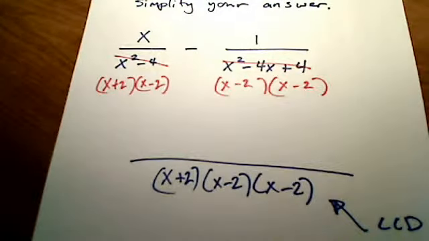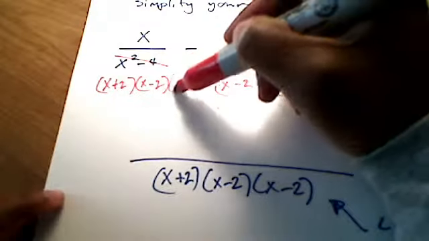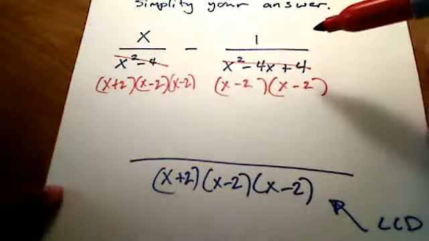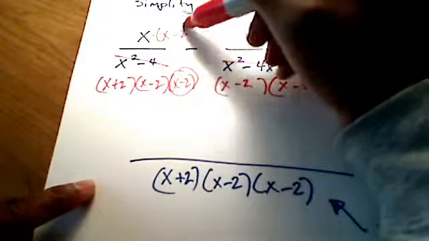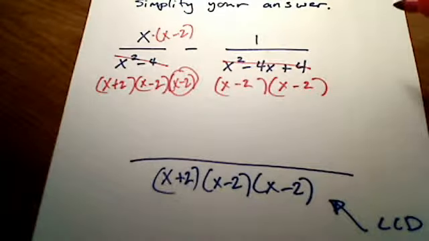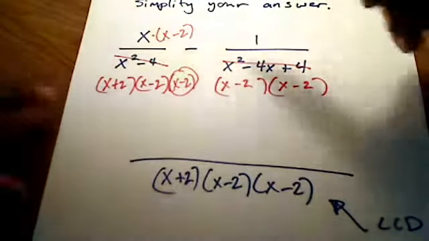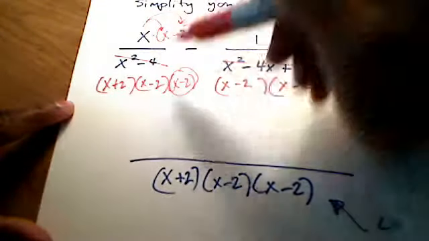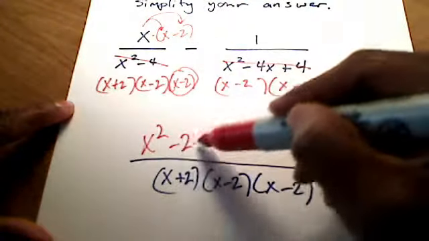Well, that's what the numerator also gets multiplied by. Right? If I was to multiply this denominator by one more x minus 2, it looks like this LCD now. Well, if I do that, I also have to do the same thing to the numerator. I have to also multiply it by whatever term was missing. So I hope you see if I distribute that this turns into x squared minus 2x.